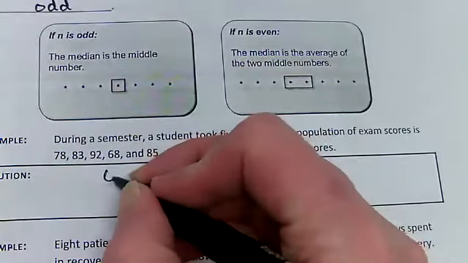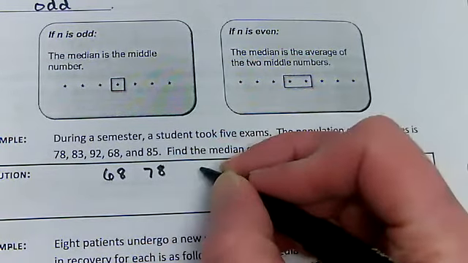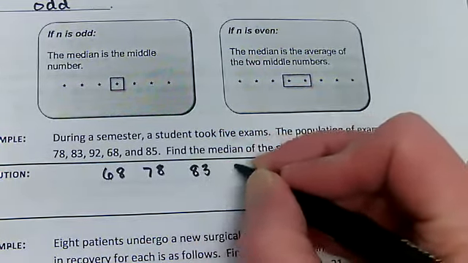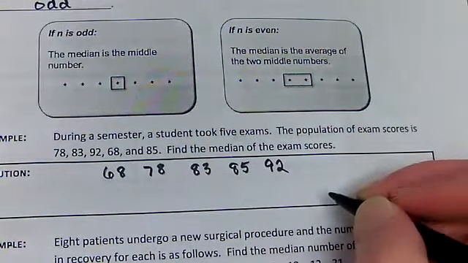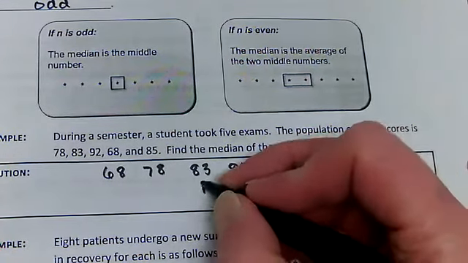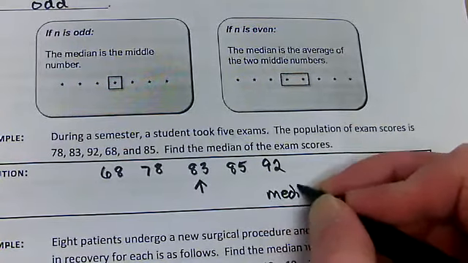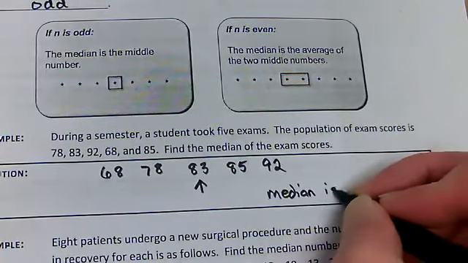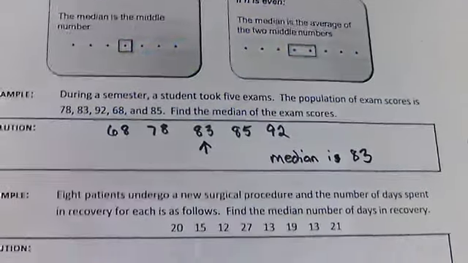So we would write them 68, 78, 83, 85, and 92. Now there are an odd number, so that means it's going to be the exact middle number. So our median is 83.